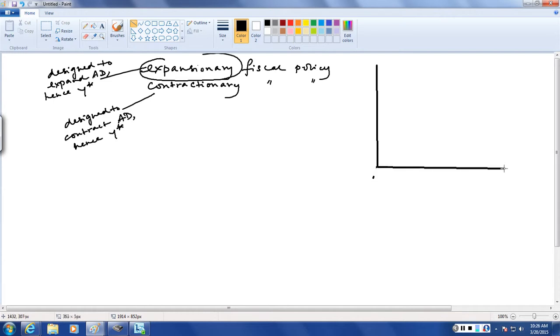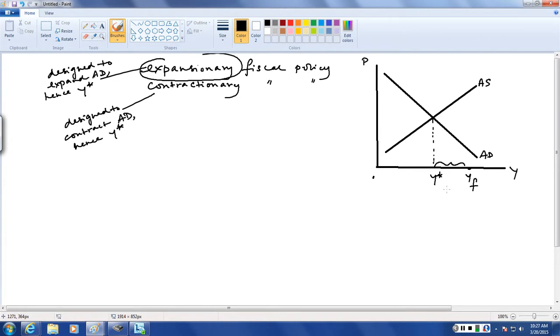I'll quickly remind you of this. This here is equilibrium GDP. This here is YF, potential GDP or full employment GDP. That gap is called the recessionary gap. That's an economy in recession.